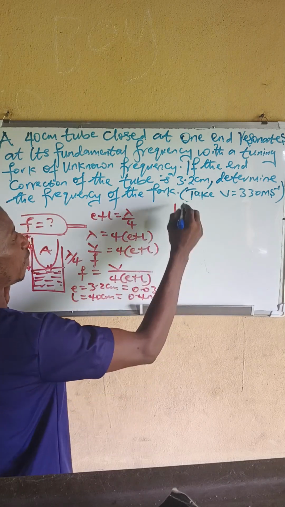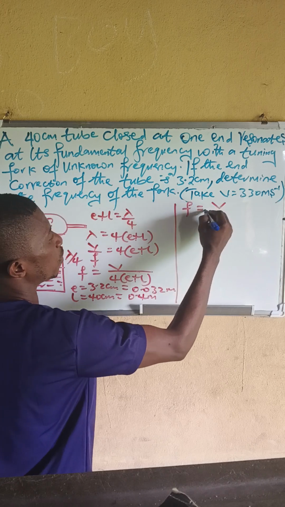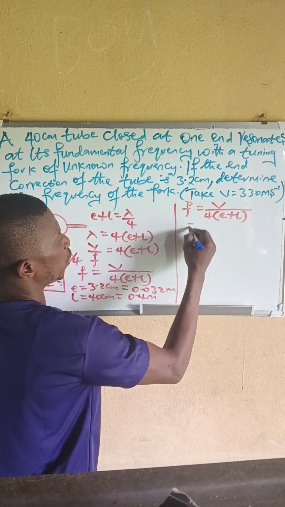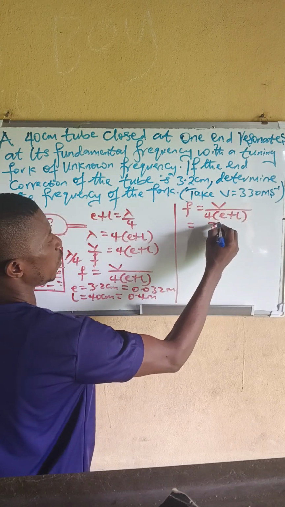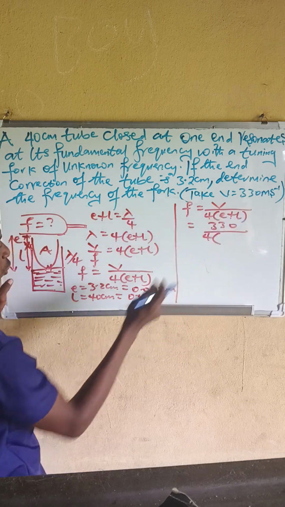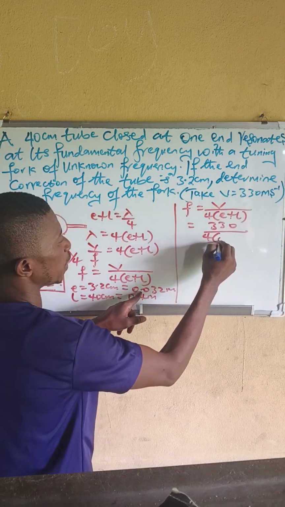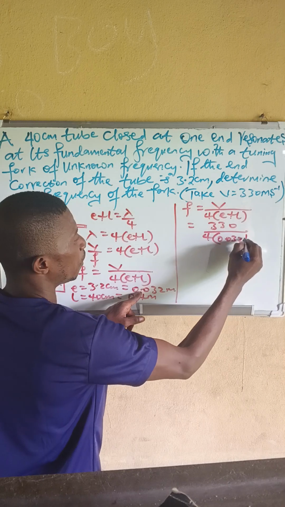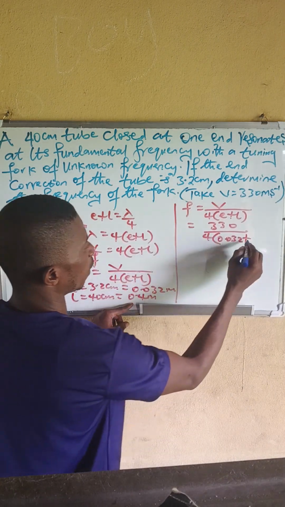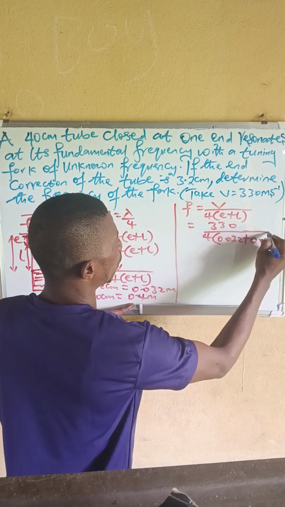Okay. Now from the formula, you have F is equal to V over 4 into (E plus L), where our V is 330. You have 330 over 4 into our end correction, which is now 0.032, plus our L, which is 0.4. Okay?